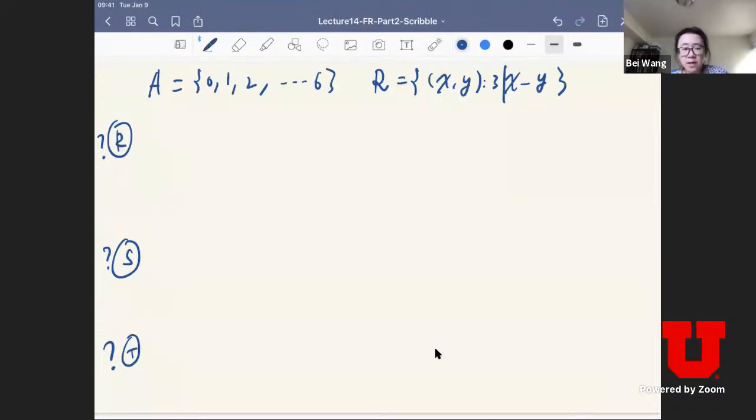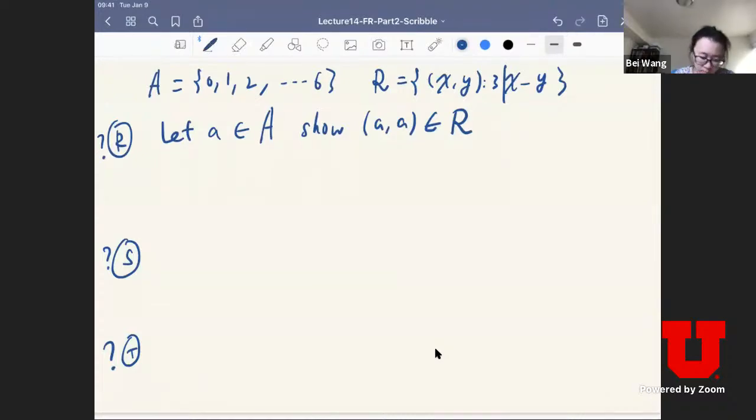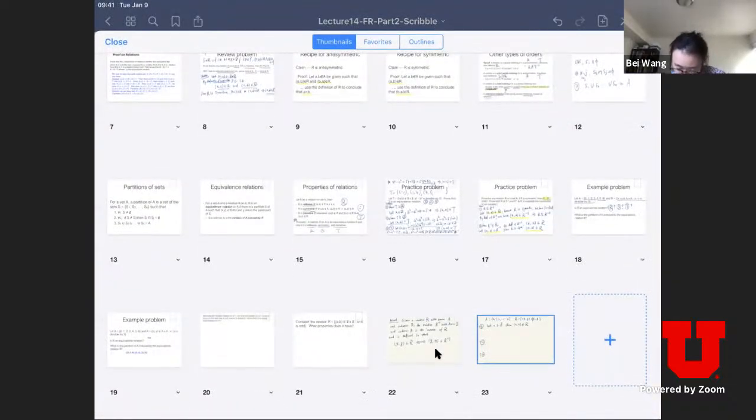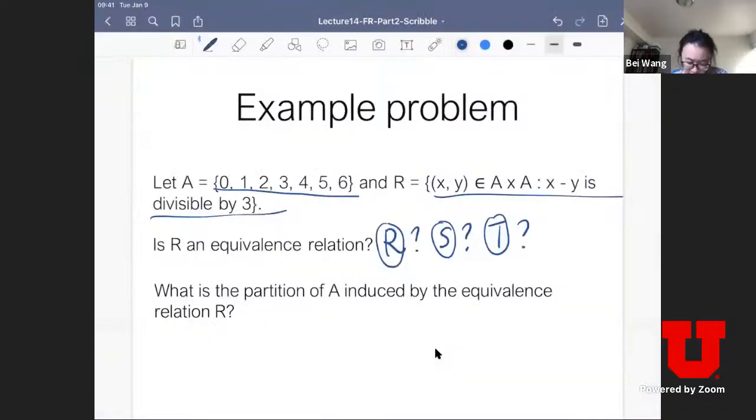So to show something is reflexive, we start with an element a in my set A, and we want to show that the pair (a, a) is part of the relation. Let's recall this question one more time: it's divisible by 3.